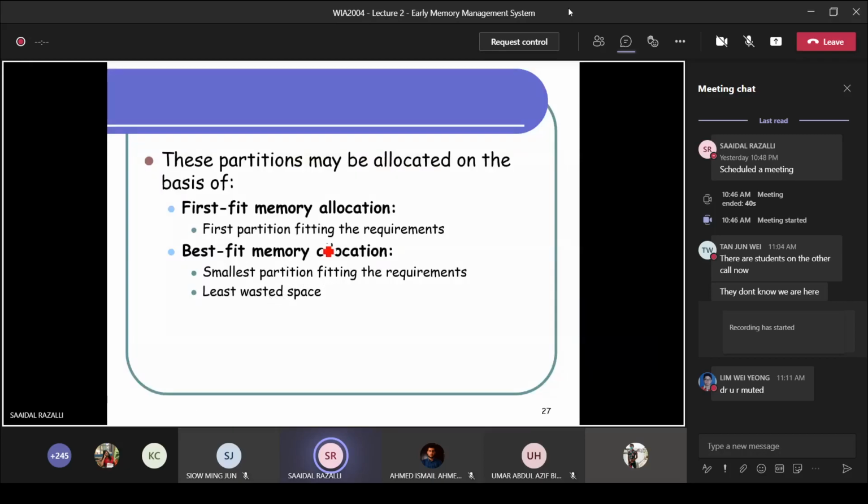Best fit has the least wasted, unused space compared to first fit, but it is slower in performance. We will see this after this.